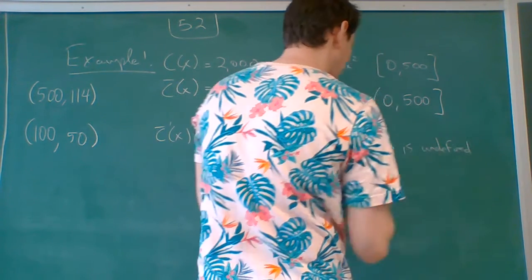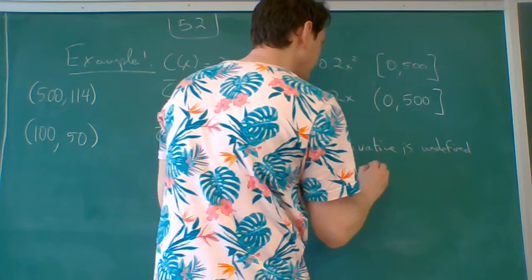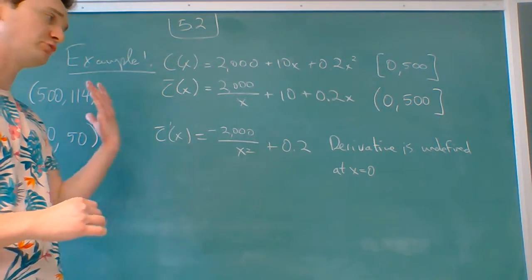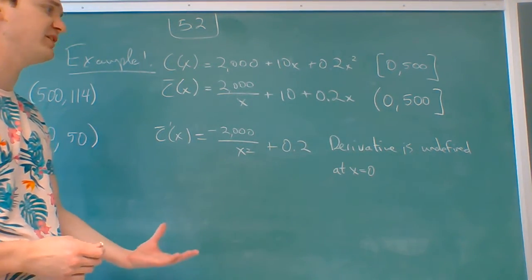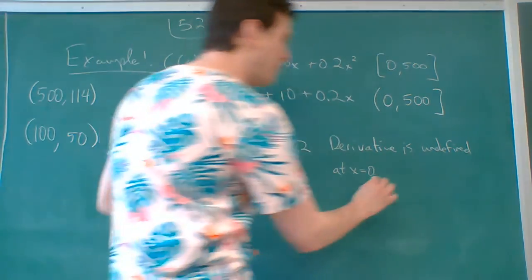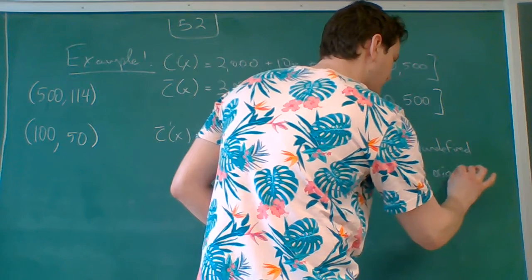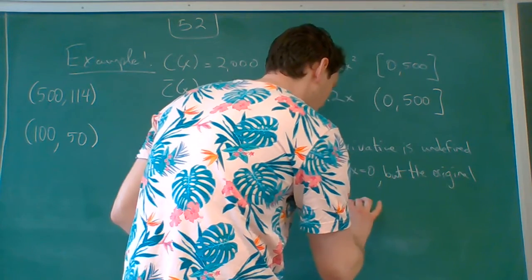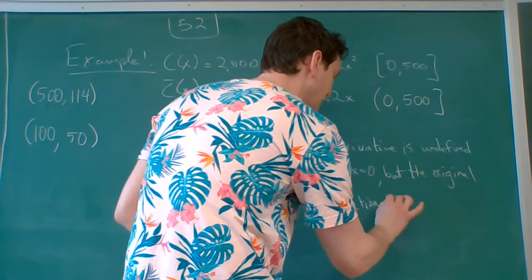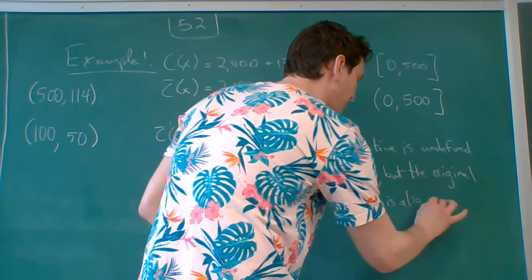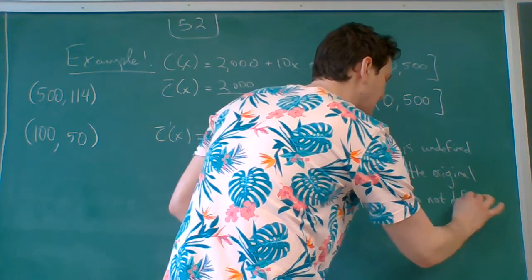Derivative is undefined at x equals 0. Normally that would mean that we've got another potential extreme value at x equals 0, but the original function is also not defined at x equals 0.